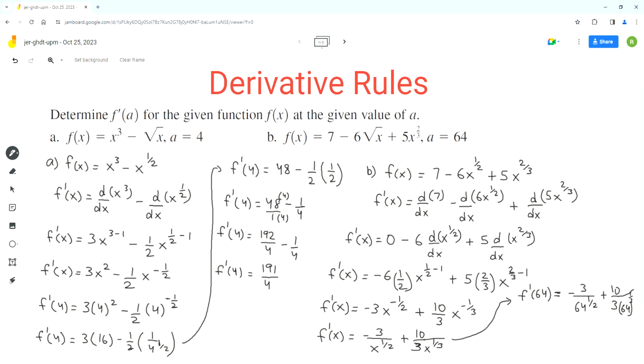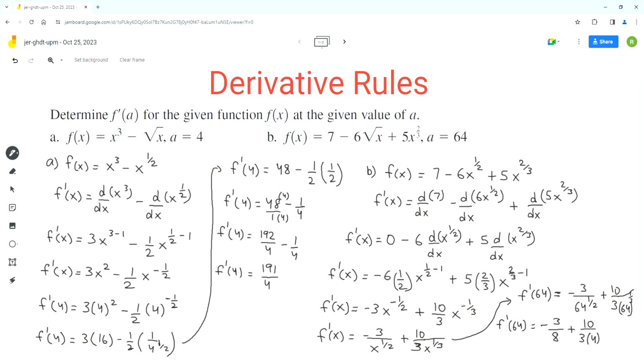Now we can simplify this expression. So the prime of f at 64 equals negative 3 over. Now 64 exponent half is the same as square root of 64, which is 8. Then plus 10 over 3. Now here we have to do 64 exponent 1 over 3, which is basically the cube root of 64, which is equal to 4.